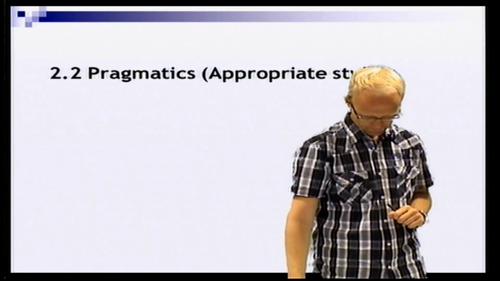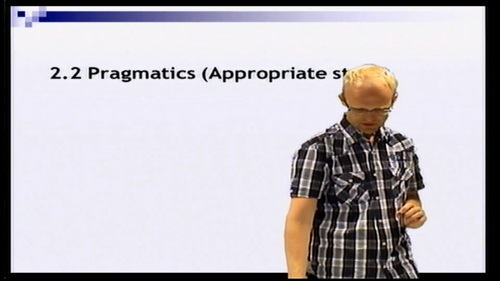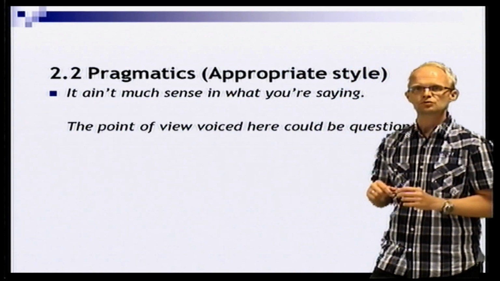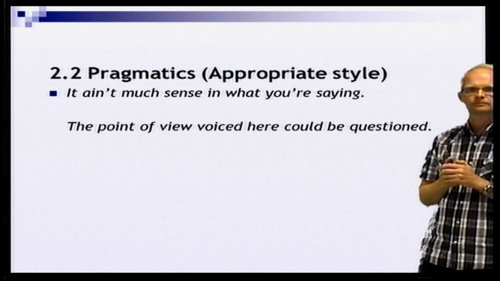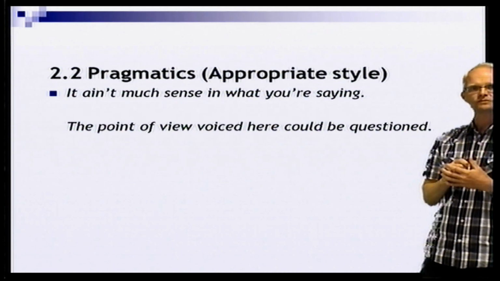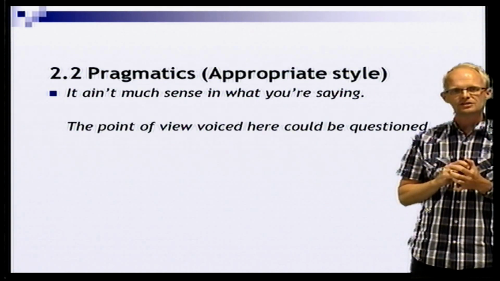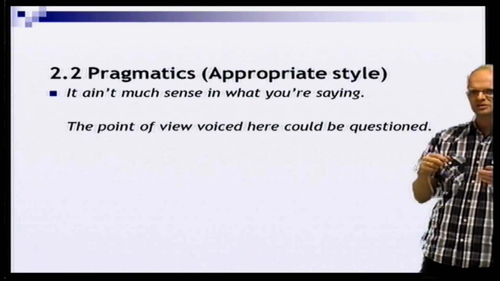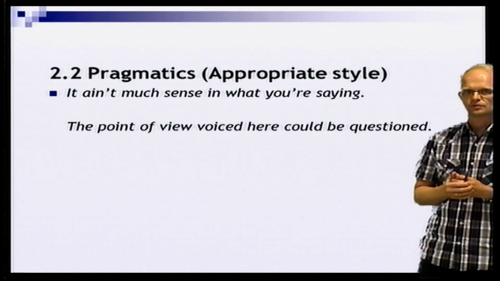Okay, then about pragmatics. Pragmatics has to do with style. Now, if you look at these two sentences here, it ain't much sense in what you're saying, and the point of view voiced here could be questioned. Now, these two sentences could be said to basically contain the same message.